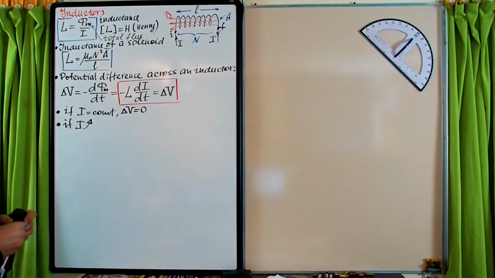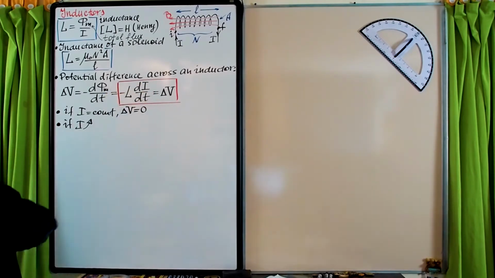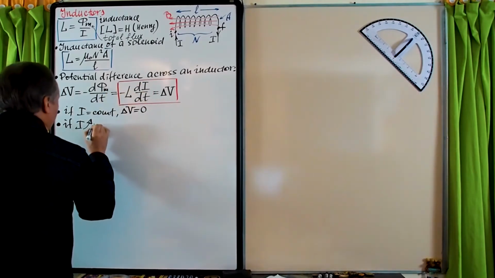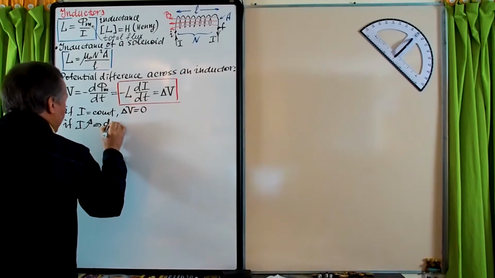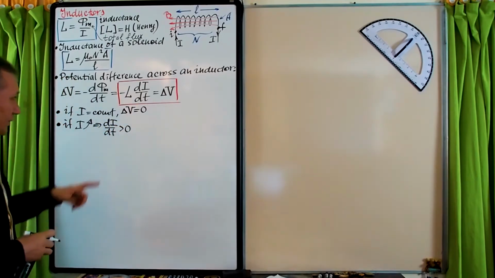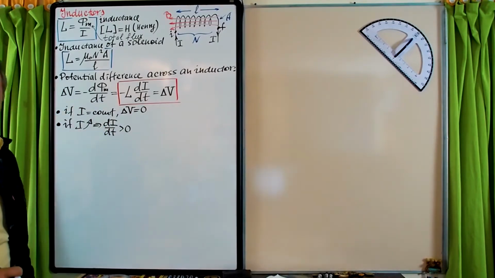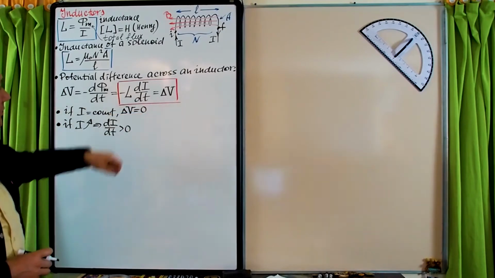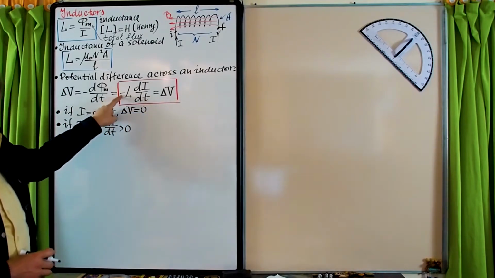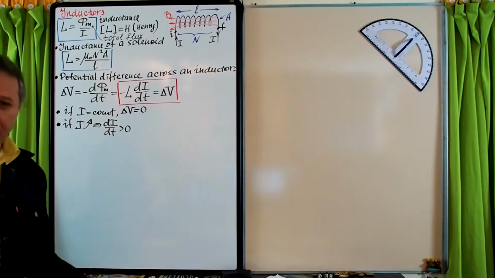What if current is growing? Again, we discussed it, but I want to have everything on the whiteboard. In this case, of course, di over dt is positive because current increases. L, the inductance, is only a positive number, it cannot be negative.